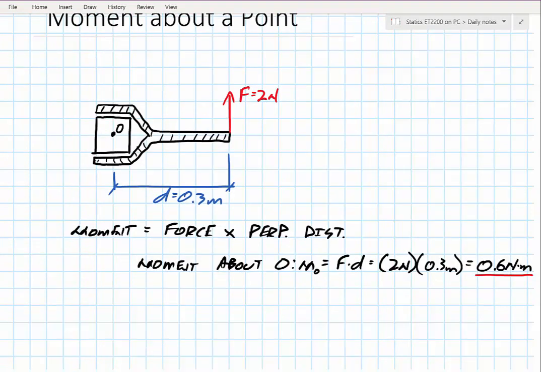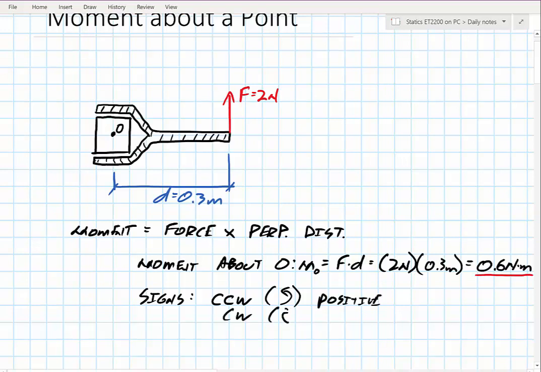When we talk about these signs on the moments, a positive versus a negative moment, based on this right-hand rule, if I have a positive distance and a positive force, that would give us a positive z direction moment. Or the easier way to remember that is anytime we have a counterclockwise result. I can see that the wrench would move in a counterclockwise direction. We're going to call that positive, and clockwise we are going to call negative.